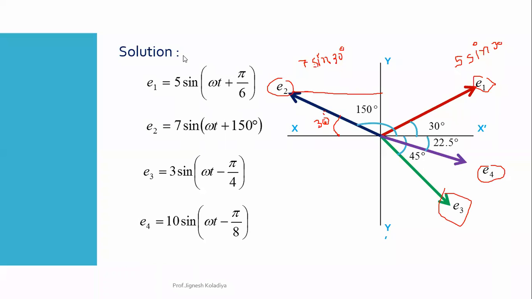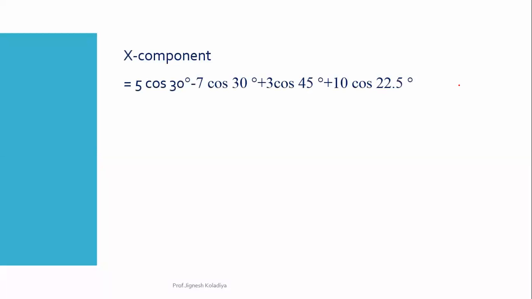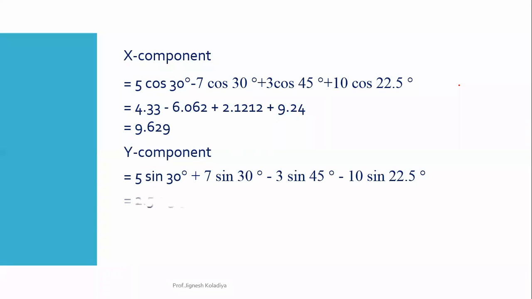Very good, very nice. All are correct. Now you can add all together in order to find the resultant. In this case, these two y components, E3 and E4, are negative, and the rest two are positive.